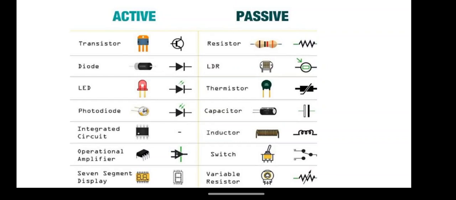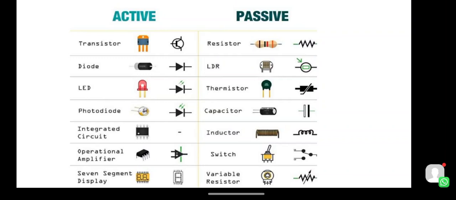When will we say passive component? This component basically is used to absorb energy, it never amplifies. Whereas an active component requires an additional power source for operation, as well as it will provide amplification.